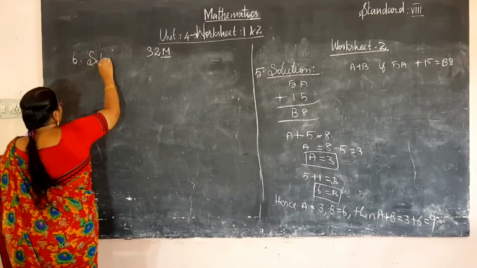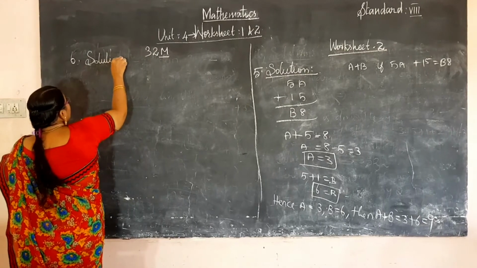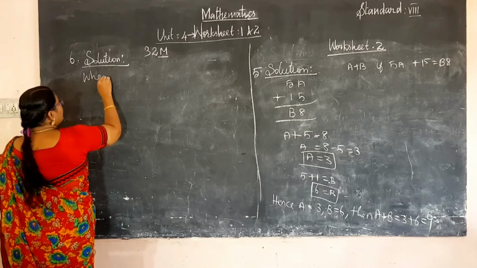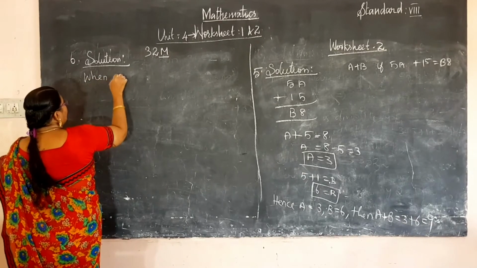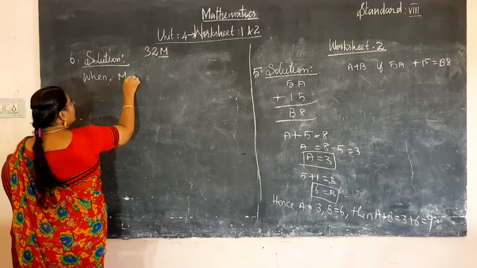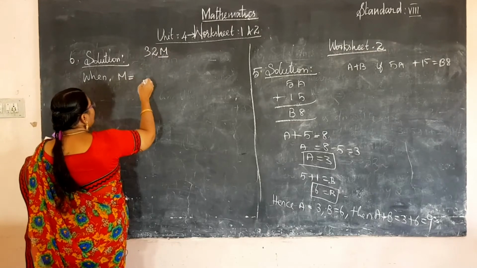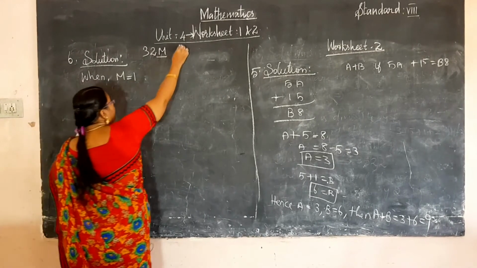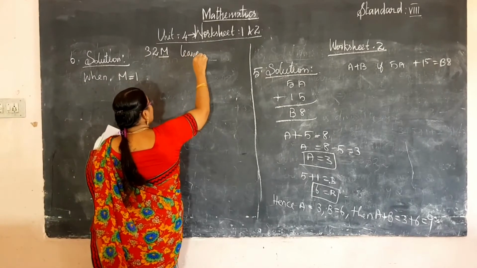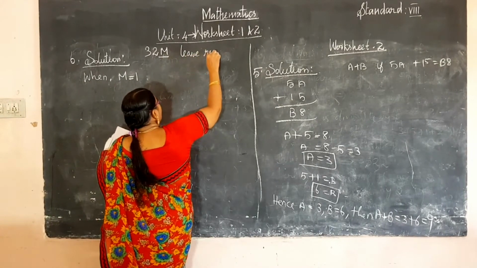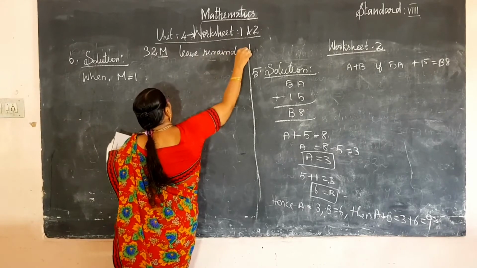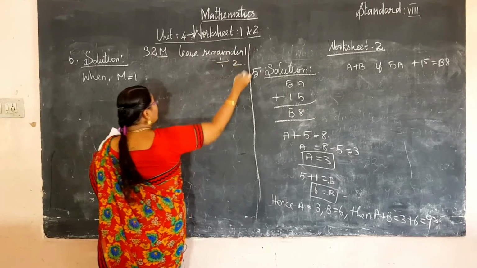So solution, when m is equal to, okay, which number? First we will put the 1. Okay, leave the remainder, is it? The question is leave remainder 1, then it is divisible by 2 is given.